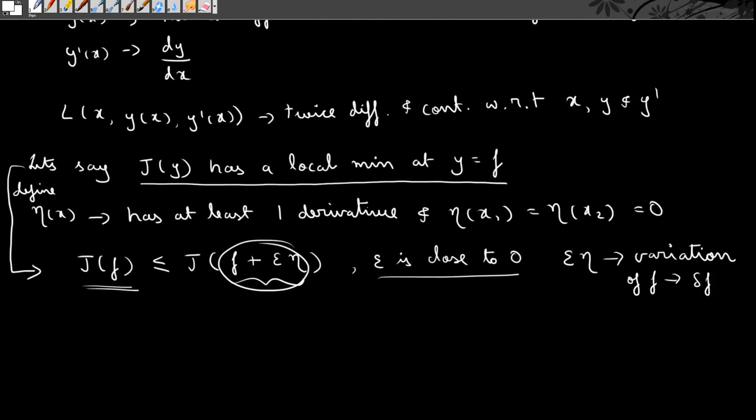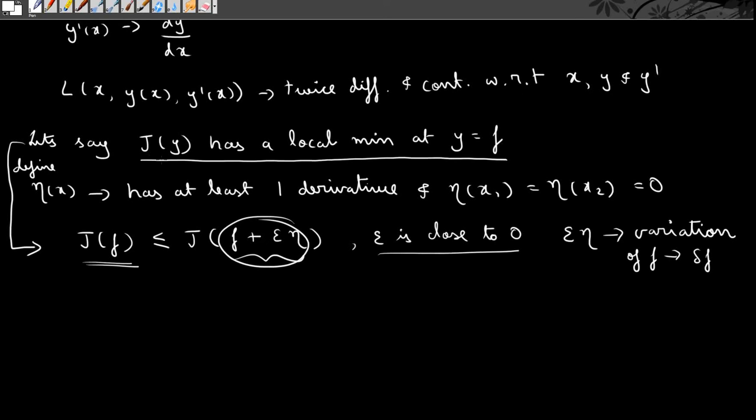And we are going to consider a function J which has a local minimum at the value y equal to f, and therefore it must satisfy this inequality, which says that the value of the function is minimum in the locality around f. And we are going to define this value epsilon eta as the variation of f, which is denoted by delta f. Okay.